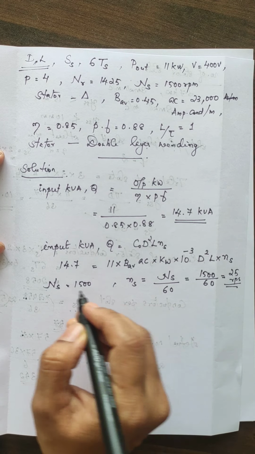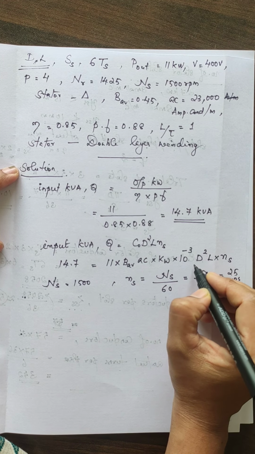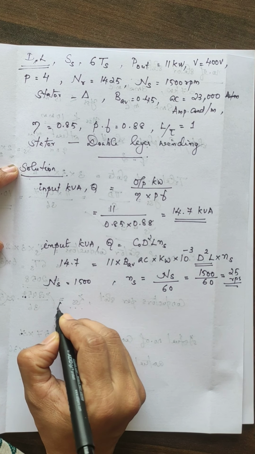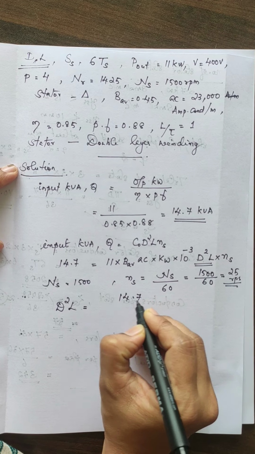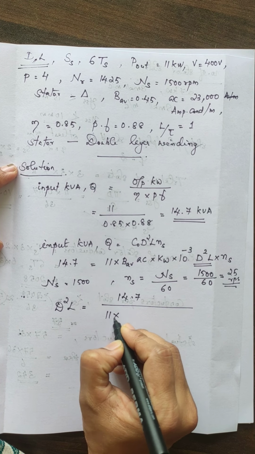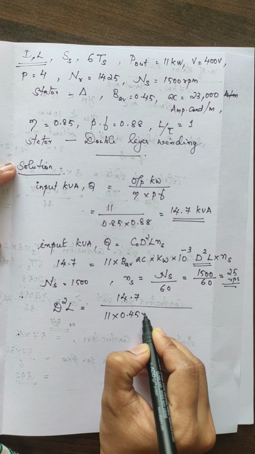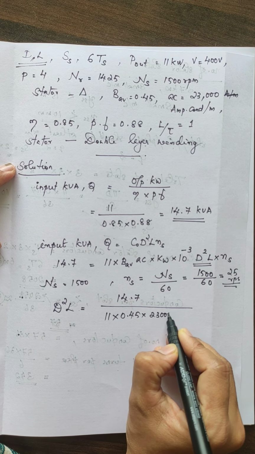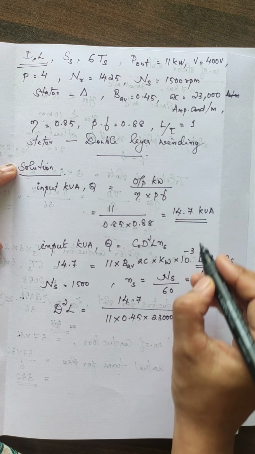Now, from this equation we will get the value of D square L. So D square L will be equal to 14.7 divided by 11 into B average, 0.45, into AC, 23,000, into KW.